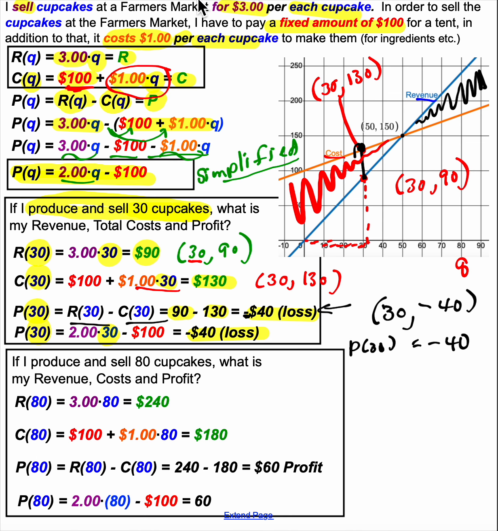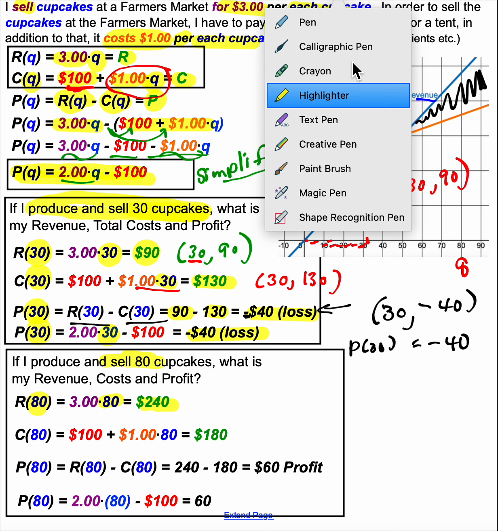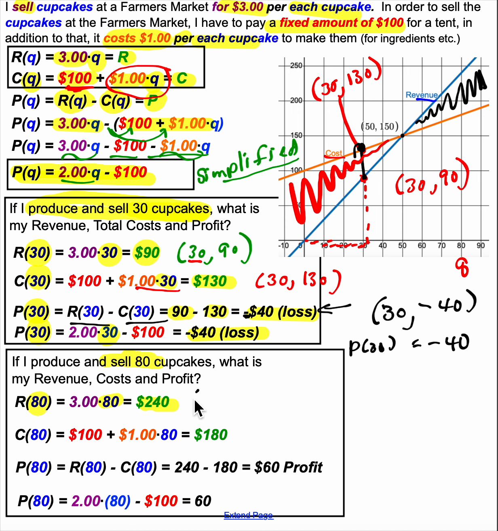Let's look at another example here. So if I produce and sell 80 cupcakes, that's my Q, my quantity of cupcakes. It means everywhere I have a Q, I'm going to put 80 in. So my revenue is 3 times 80, that's $240. So when I produce and sell 80 cupcakes, I have a revenue of $240.